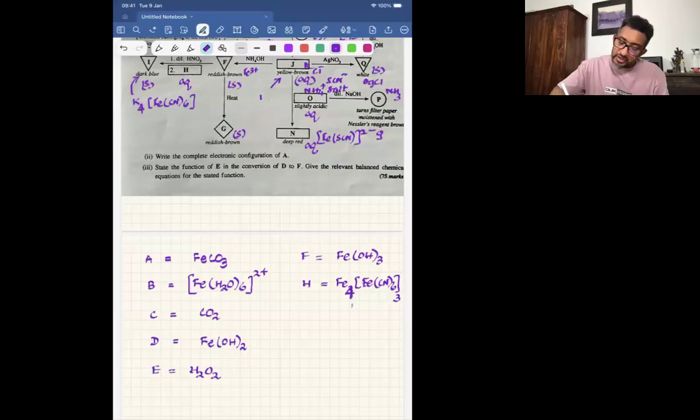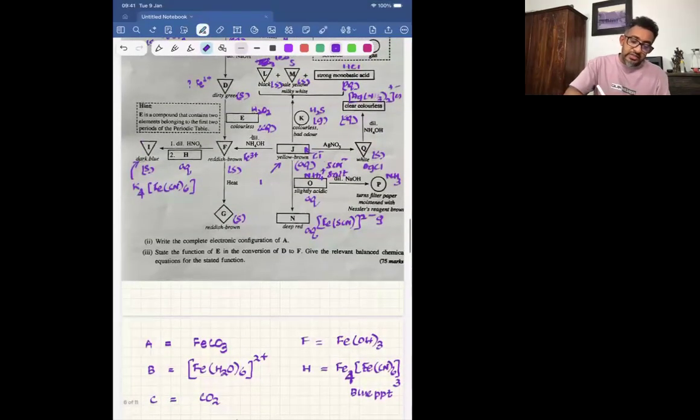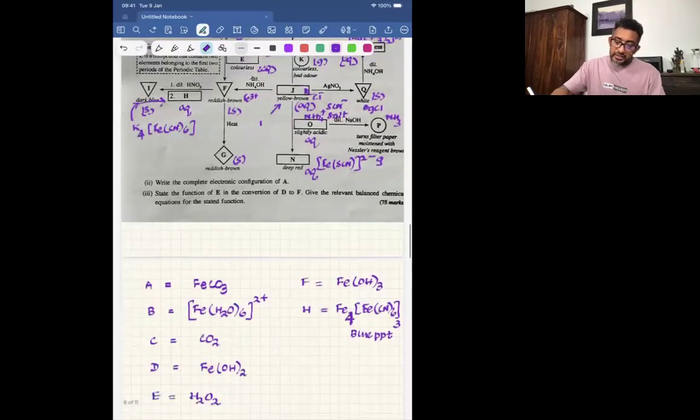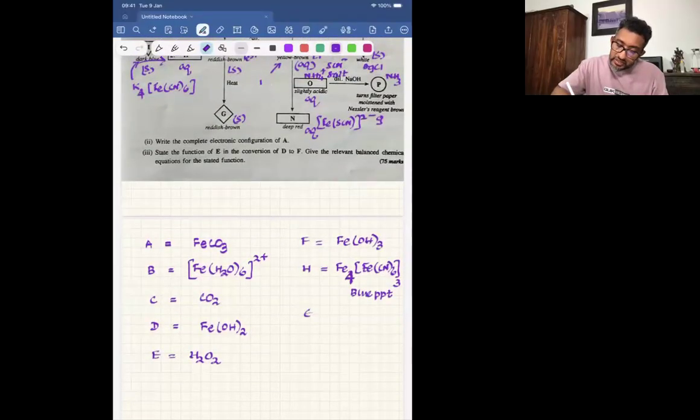That's a blue colored precipitate that you get. So H is what is added. Reddish-brown color, and you heat it. That is ferric hydroxide, so G is Fe2O3, the oxide.